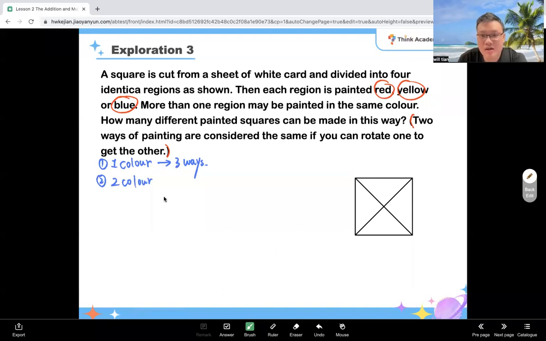I'm going to choose 2 colors out of 3 colors. How many different ways are there for me to choose? I can choose red, yellow. And also I can choose yellow, blue. And also I can choose red, blue, right?